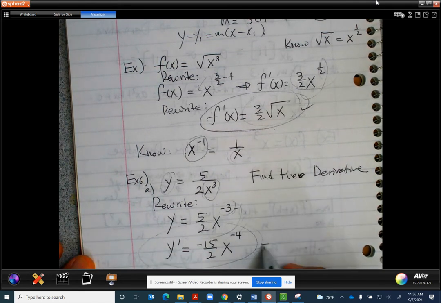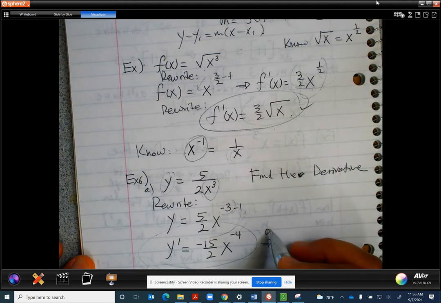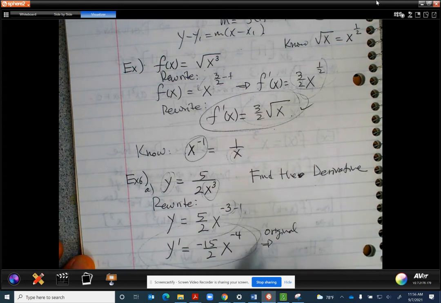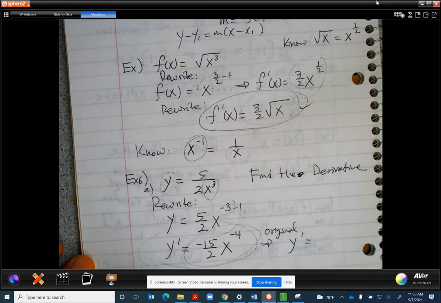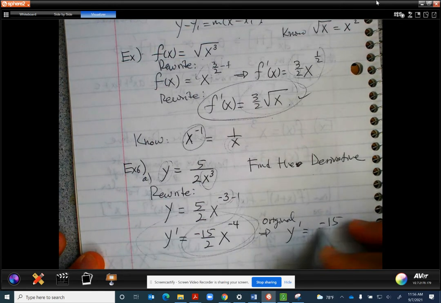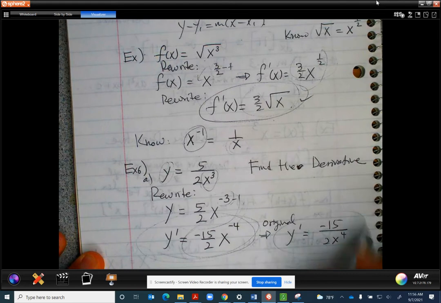You want to rewrite this to the original form. So how do I rewrite this as your original form? y prime is equal to, what do you think, guys? Negative 15 over 2x to the 4th power. And there it is.